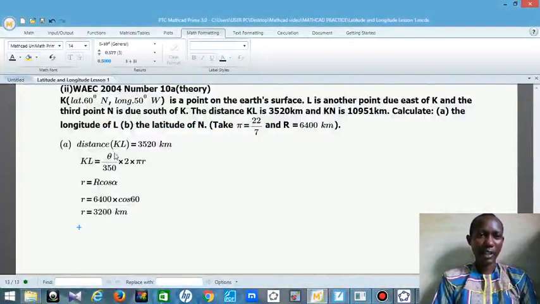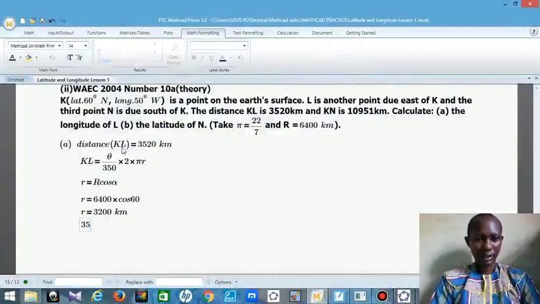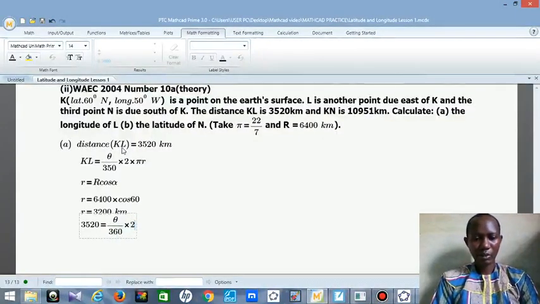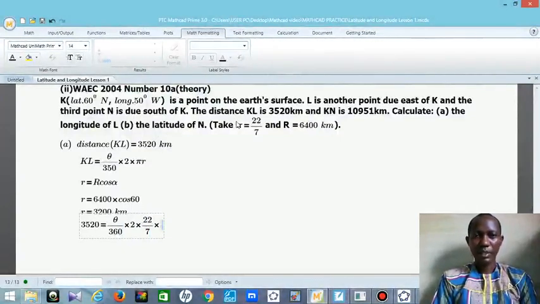Then finally, KL. Let's substitute and get our theta. KL is 3,520, which is equal to theta we don't know, divided by 360 degrees, times 2 times pi, which is 22/7, times r, which is what we have calculated, 3,200.